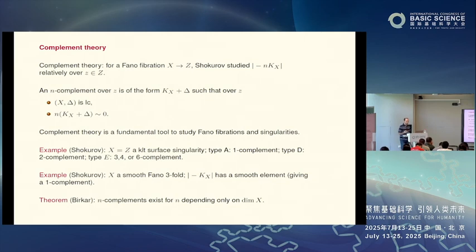Now, in the case of Fanos, minus K is already ample by definition. So there is no reason to look for any other ample. This is what you should be working with. In the general type case, K is ample, so you should work with K. In the Fano case, the most natural thing to do is to work with minus K. But minus K, although it is ample, in most cases is not very ample.